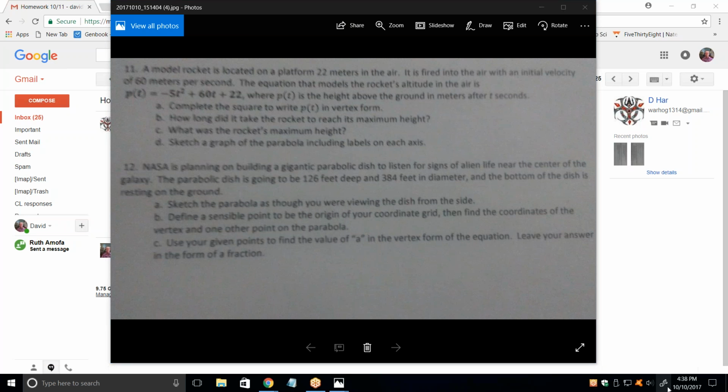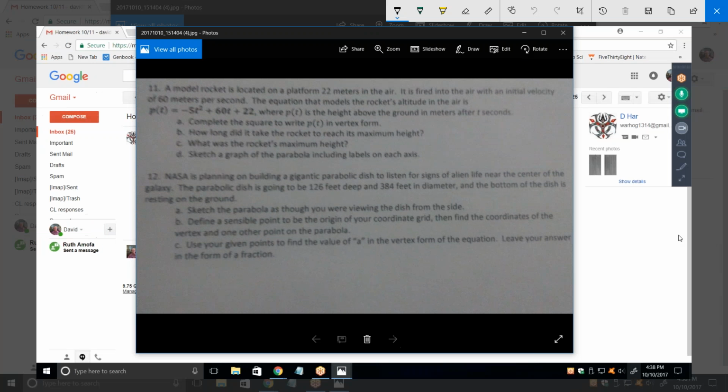All right. Notice that the height is the constant. In other words, the initial height. If the initial height is the ground, then it's not going to have a constant.